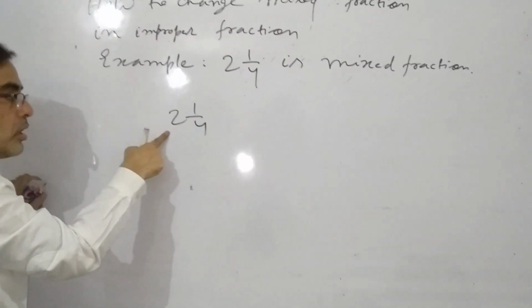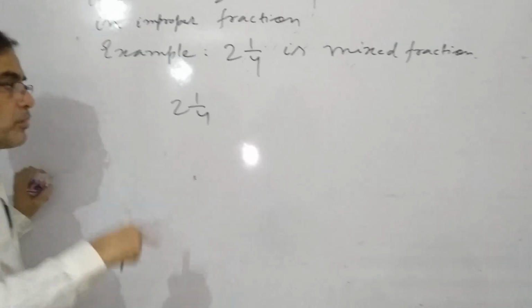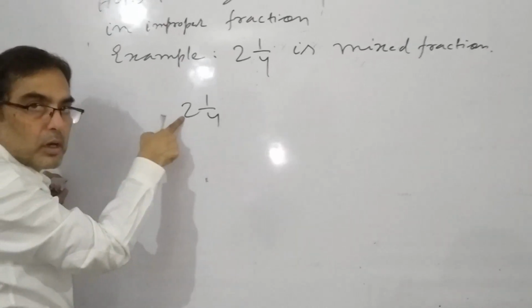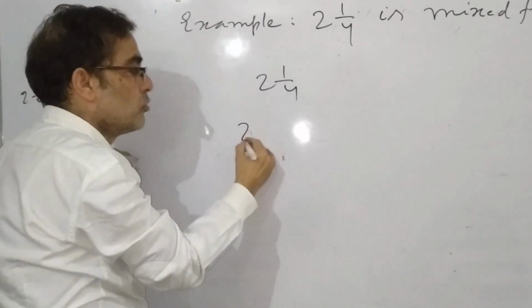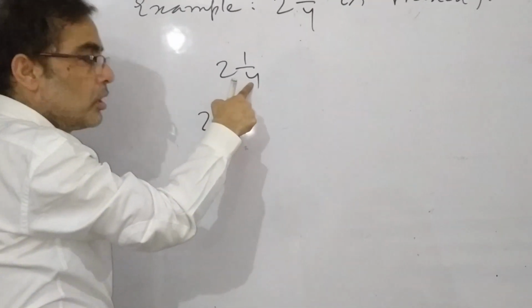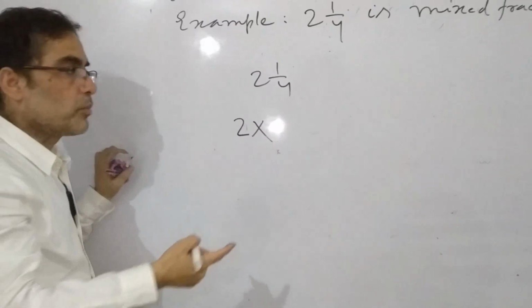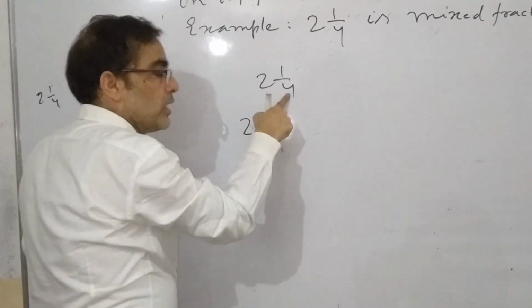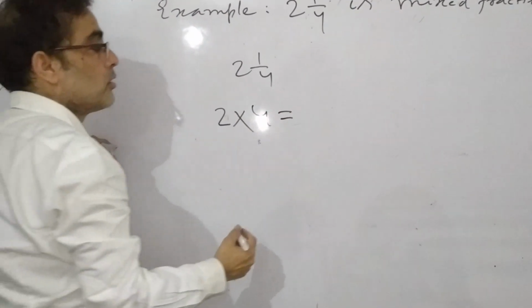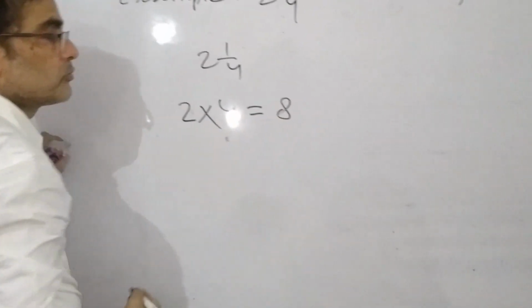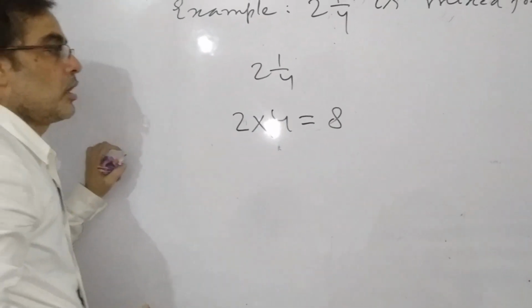First of all, I shall multiply the whole number by the denominator. The whole number is 2 and the denominator is 4. The result will be 8.